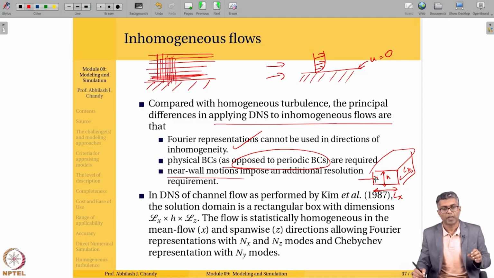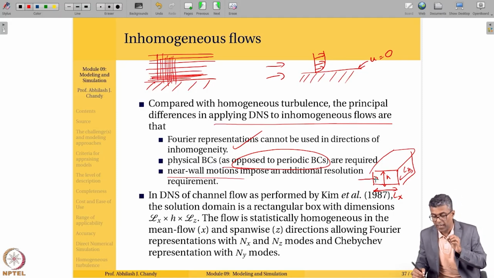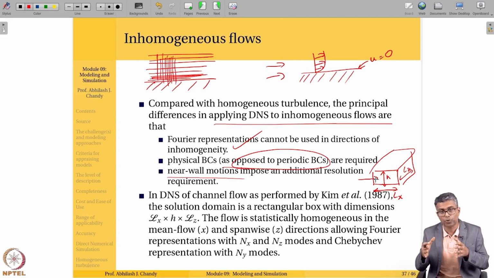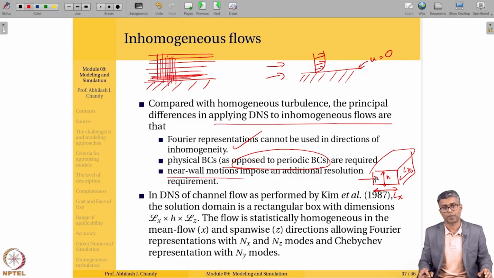So this way, because he was able to assume the flow to be statistically homogeneous in the x and z directions, he could use Fourier representations in those two directions. And in the wall normal direction, he used a Chebyshev representation with ny modes.